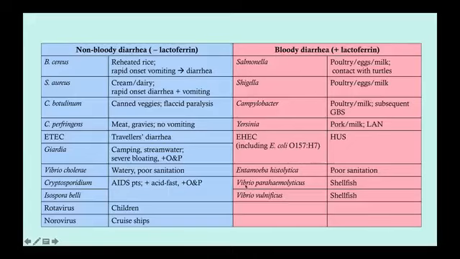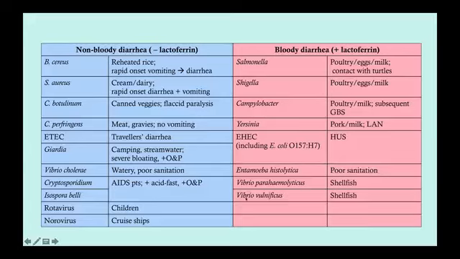And then the Vibrio parahaemolyticus and Vibrio vulnificus are associated with shellfish. Vibrio vulnificus, I have seen one case in my life associated with diarrhea. The other thing that Vibrio vulnificus can cause, people who go out into like brackish water and go to get oysters or whatever, if that gets into their skin, it can cause necrotizing fasciitis.